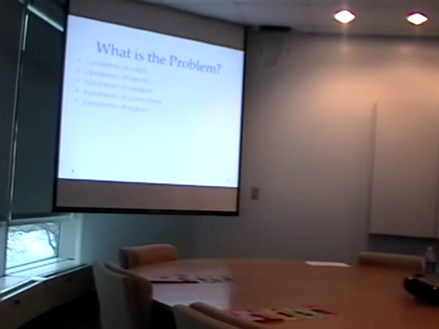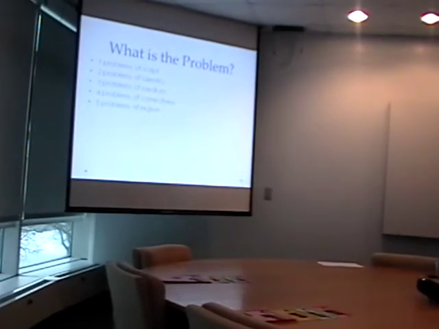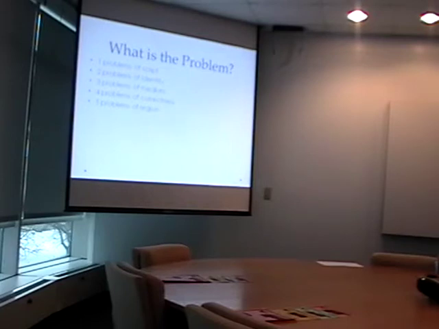There is the problem of script. I will talk about it soon. There is a problem of identity. There is a problem of medium, the medium in which a text is being conveyed. There is a problem of correctness, and there is a problem of region.